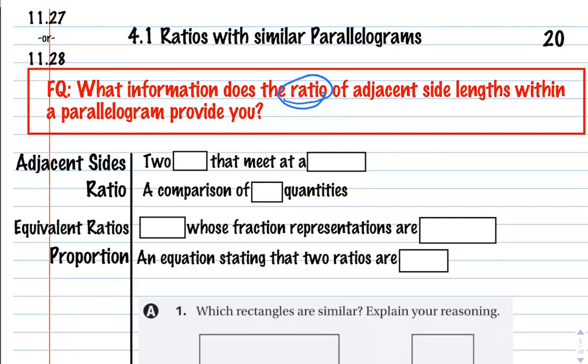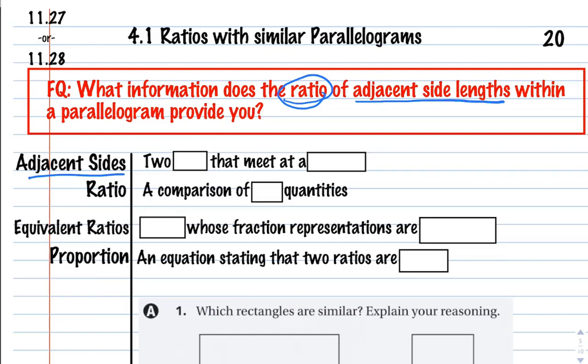Now adjacent side lengths is another one of our vocabulary words, but I underlined it because it's more of a descriptor of where these parts are, because this is more of an English term, but that's okay. Within a parallelogram provide you. So what does this tell us?